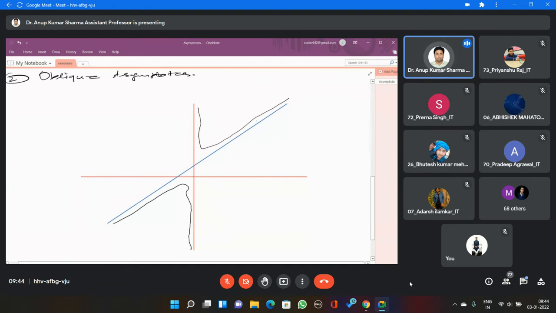So you understand that here the asymptotes are not only this oblique straight line, but the x-axis also becomes an asymptote of the given curve, because on both sides it touches the curve.